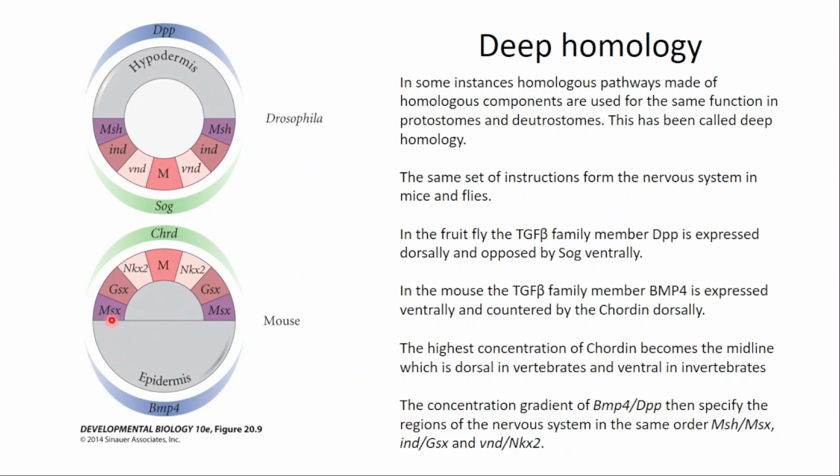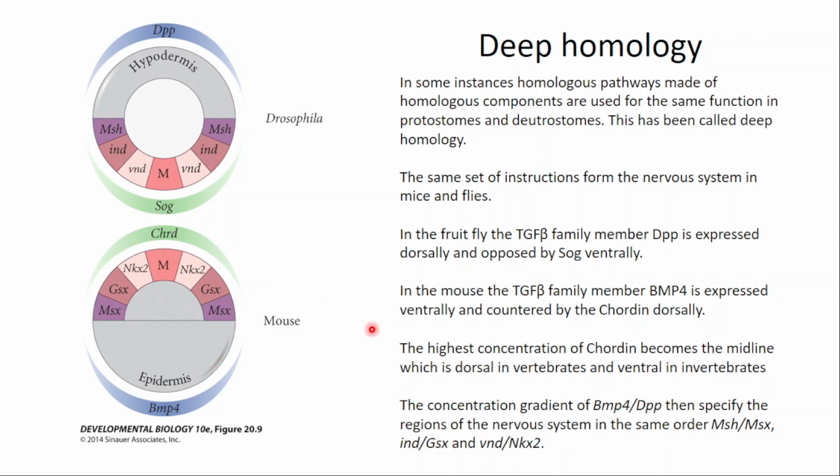So the highest concentration of BMP will express MSX here, which is homologous to MSH. The next set of cells will be expressing GSX and NKX2. We have IND and VND, which are similar homologs found in mouse and Drosophila.